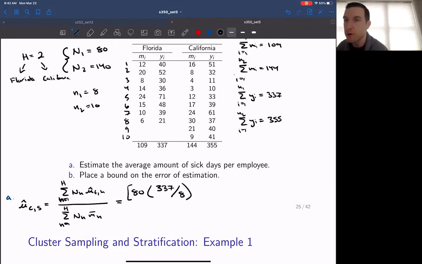And that's because, again, the mu hat t that we're using is the sum of yi over n for each of the different strata. And then that's going to be added to 140 multiplied by 355 over 10.